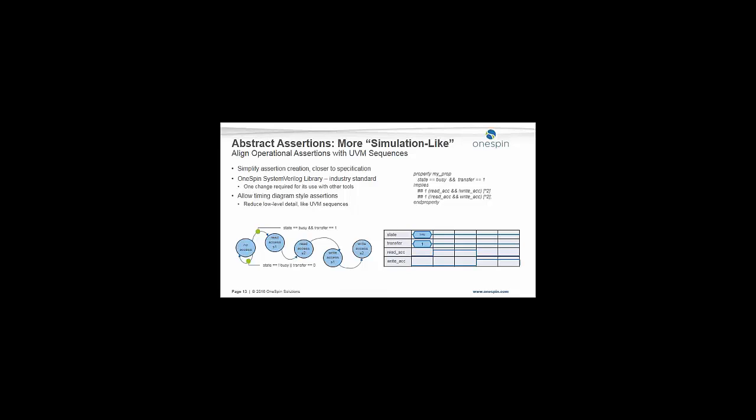If you want to have a block that you want to make absolutely sure you've got 100% verified, you can reach 100% coverage by using this thing called completeness, which means that you describe all your assertions as these operational assertions, and you give the tool some more information on how they hang together and what the legal sequences of these assertions are, and then the tool can tell you whether you've comprehensively and 100% verified your design.